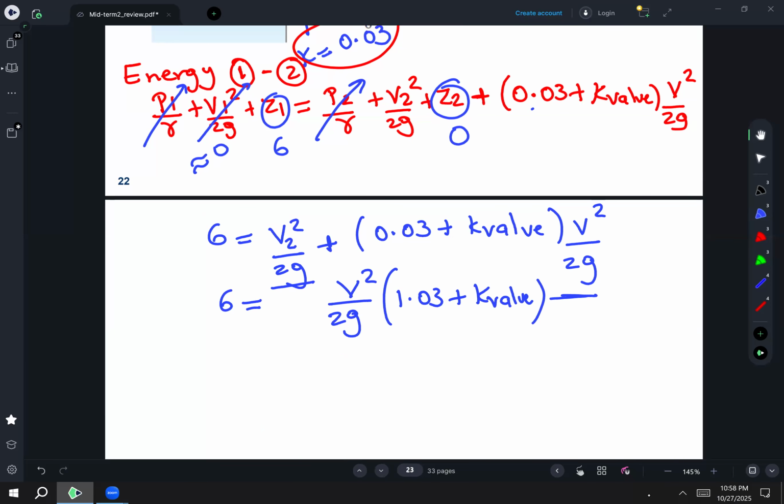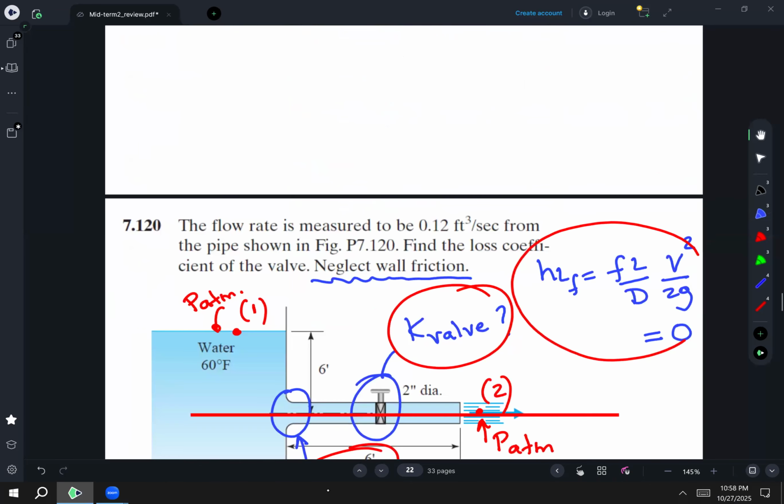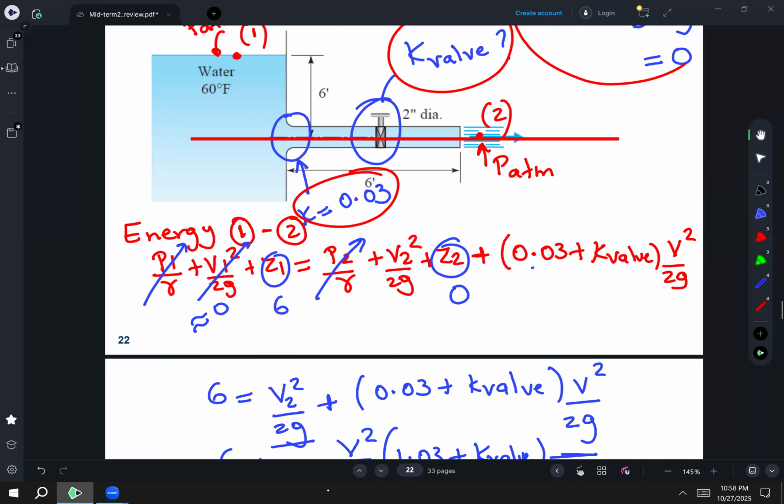So what I am missing here is the velocity to be able to get k valve. And the velocity is equal to the flow discharge divided by the area. We are given the flow discharge. In this case, the flow discharge is 0.12 cubic feet per second.